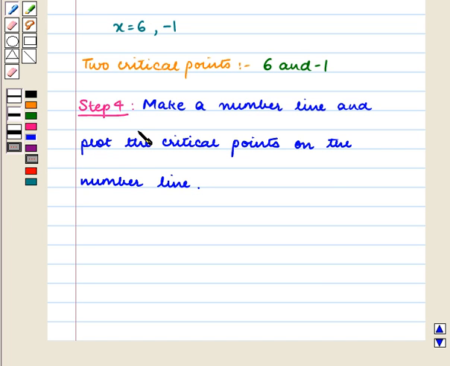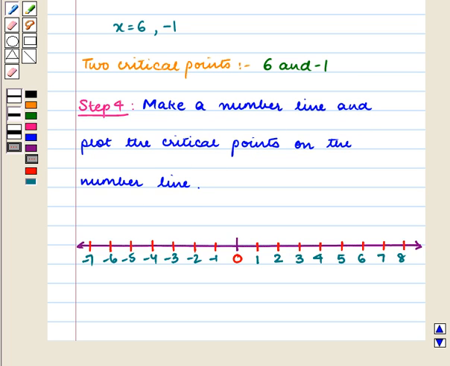The next step is to make a number line and plot the critical points on the number line. Let us draw a number line. This is 6 and this is minus 1.